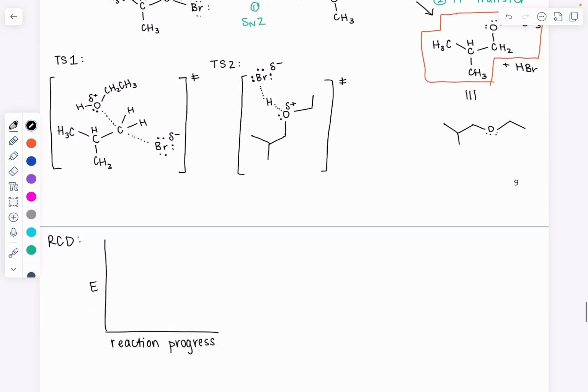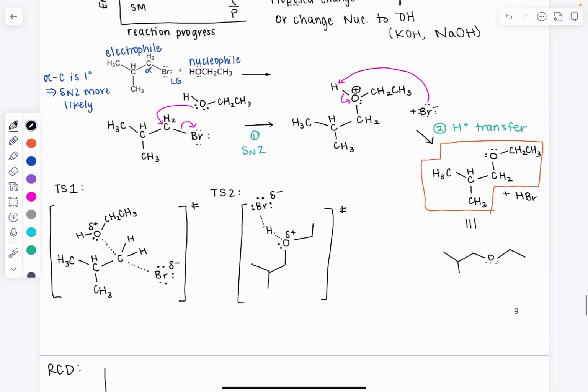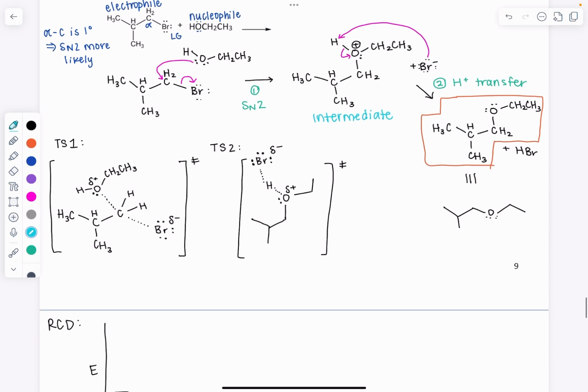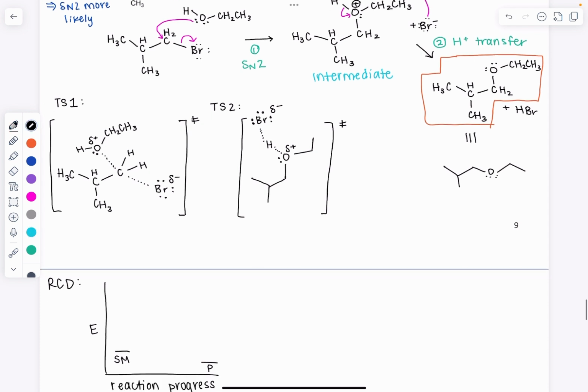So if we just start by drawing starting material and product, product is lower energy than the starting material. We have 1 intermediate here. So on our reaction coordinate diagram, we can put the intermediate between starting material and product, higher energy than both.